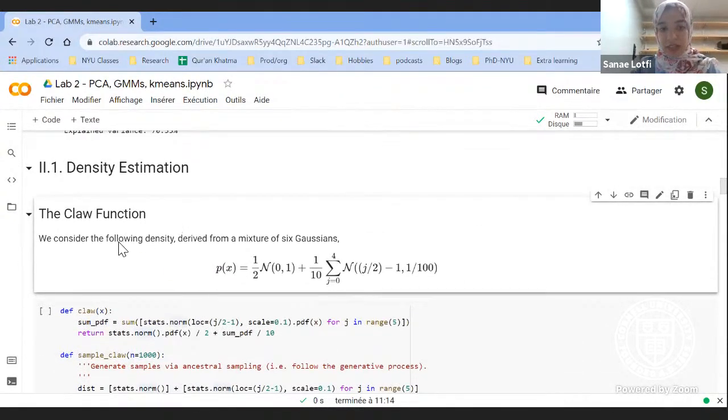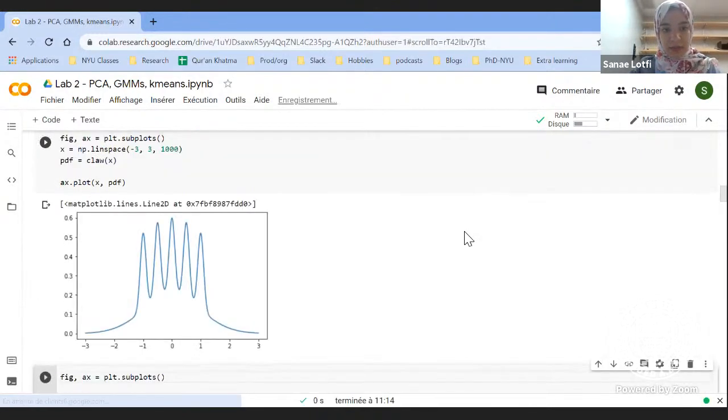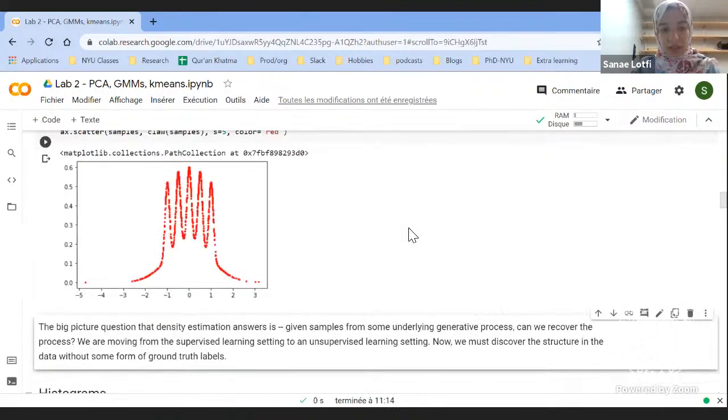And we move to density estimation. So we are going to consider the cloud function, and it looks like this. And here we're going to consider some samples to try to represent this function again.